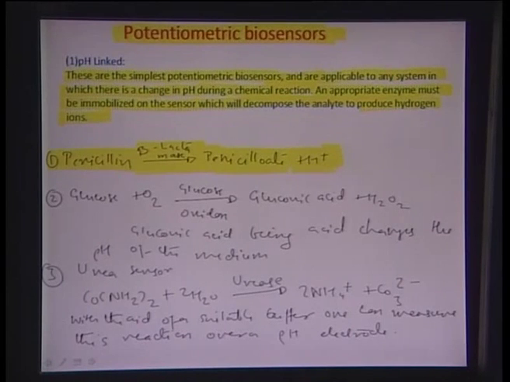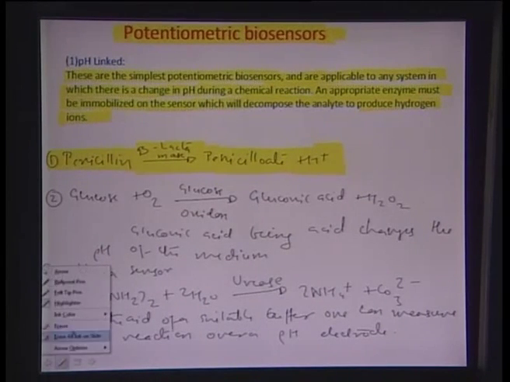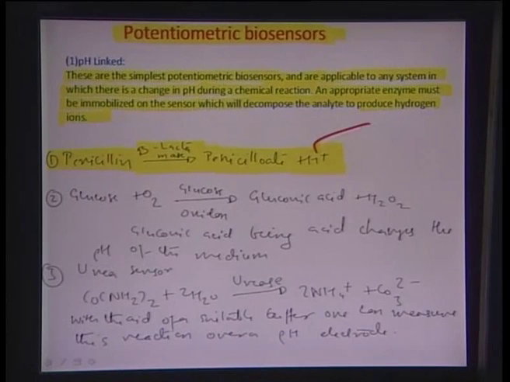So the penicilloate that is produced is essentially one charge less or one valency less than the penicillin, okay, and so it produces a hydrogen ion getting reduced by the beta lactamase, and then this hydrogen ion can be easily measured by means of a pH electrode, which would give you a basis of the concentration of the penicillin in the patient's blood sample, okay.